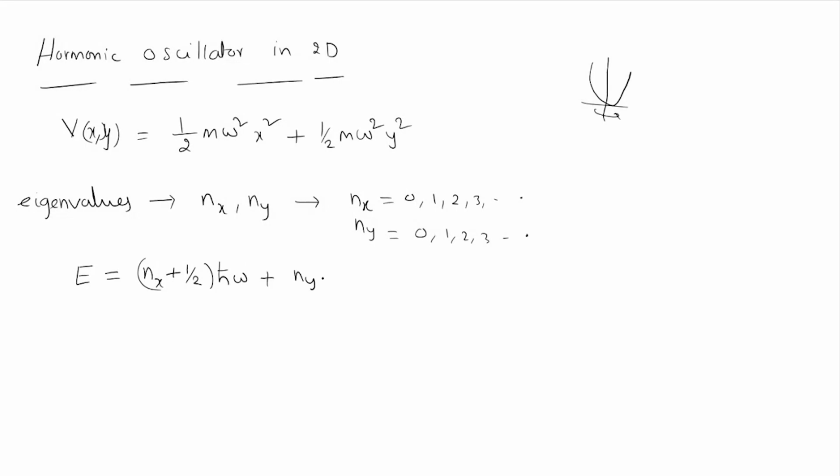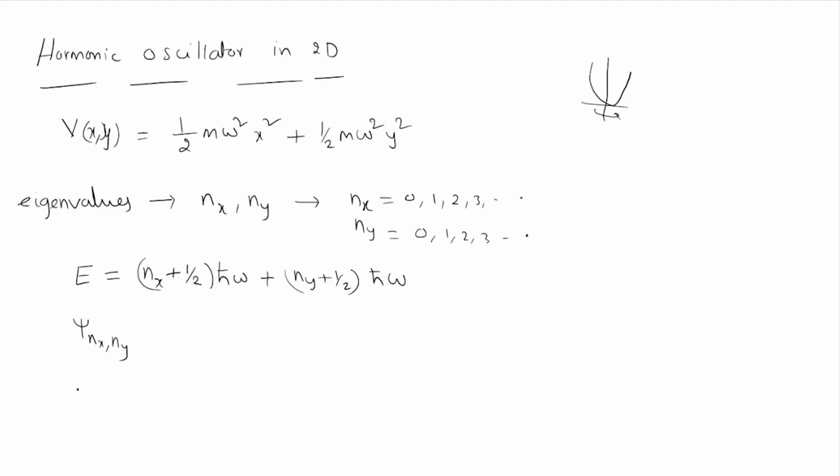The second one has this much energy. So if someone gives you values of nx and ny, you will know the total energy value. And even your eigenfunctions depend on nx and ny.